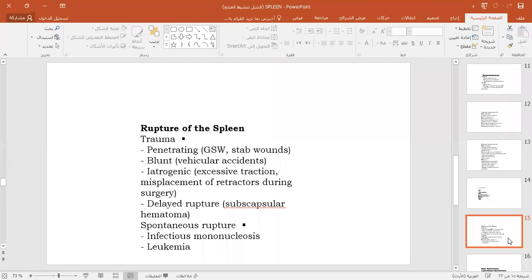And sometimes the rupture is delayed, especially after trauma, and the patient is hemodynamically stable at the start, okay? But with this hematoma due to trauma, sometimes there is delayed rupture after 7 to 10 days.